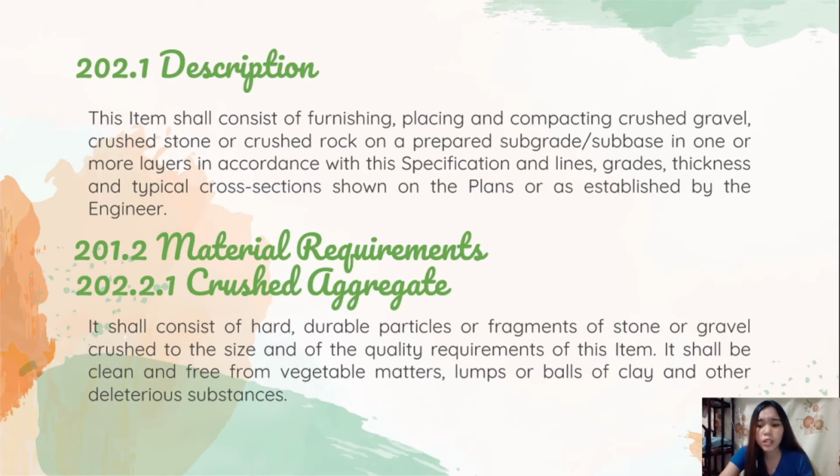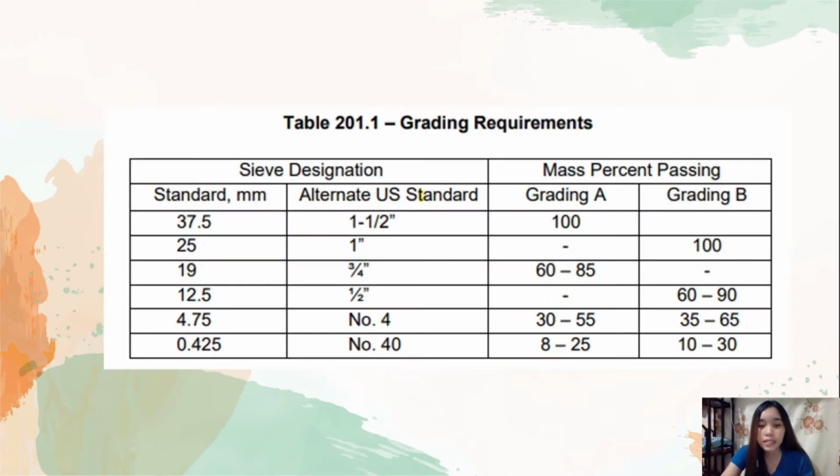And the material shall also be of such nature that it can be compacted to form a firm and stable base. Then this is the table for the grading requirements for the crushed aggregate base course. So this is the designation, the mass percent passing, and here is the size of the aggregate.